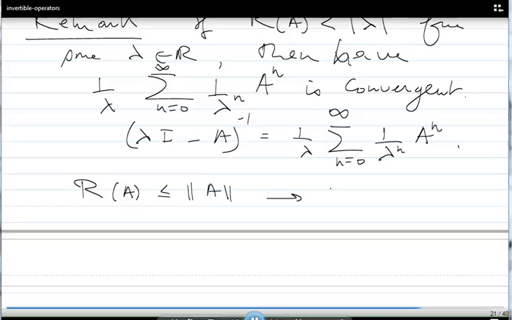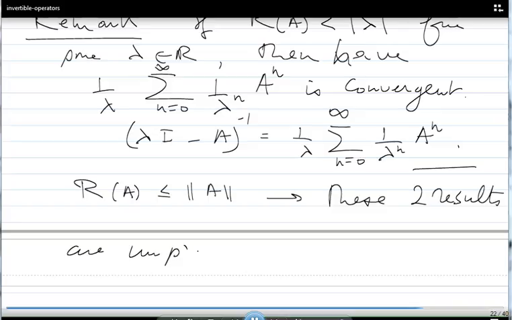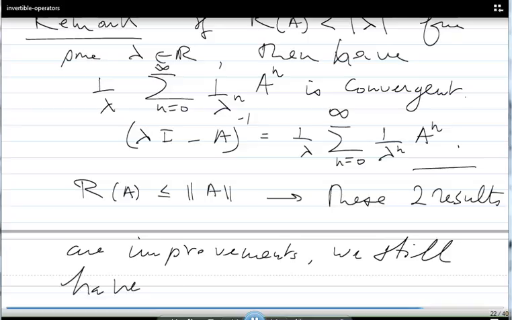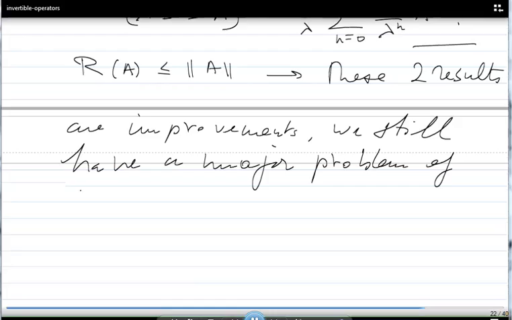Note that this theorem improves because r of a is less than the norm of a, so these two results are an improvement on the previous one. We still have a problem, a major problem in fact, of finding r of a.